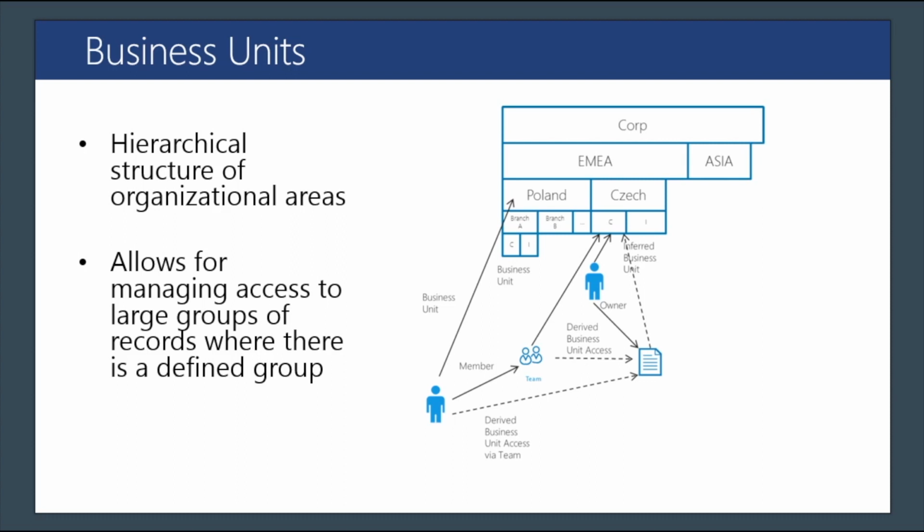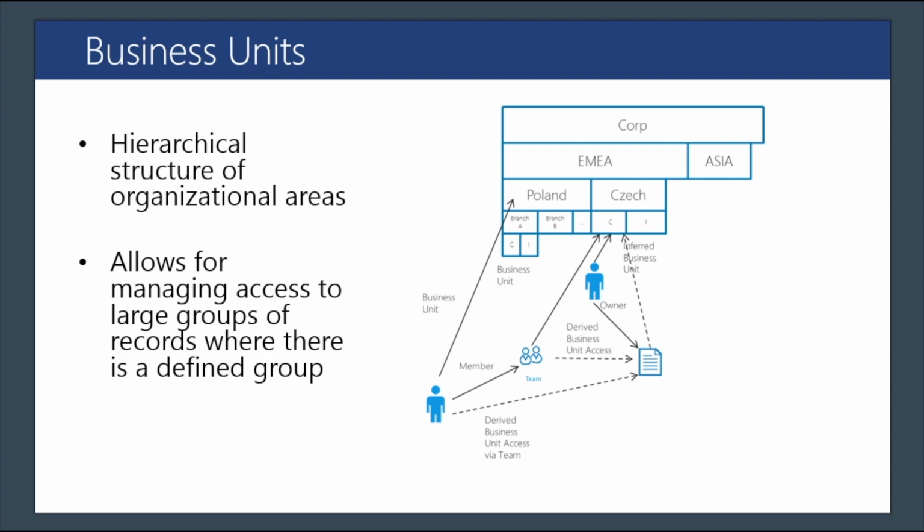And our Poland user is going to derive access to the record that's owned by the user from the Czech business unit because they are a member of a team that is owned by the Czech business unit. So they get access to that via their team because the team has business unit level access to that record type within the system.